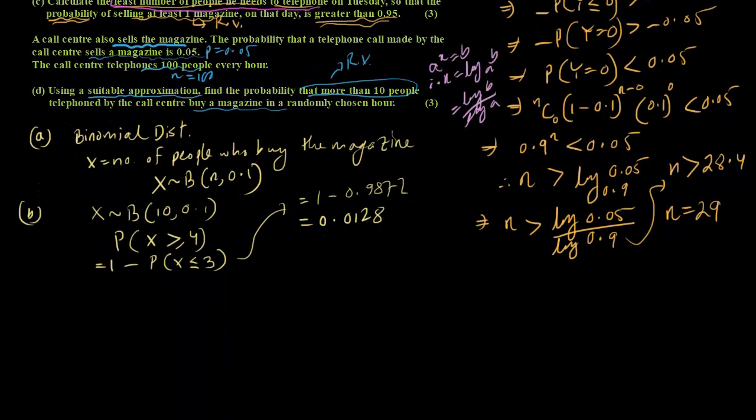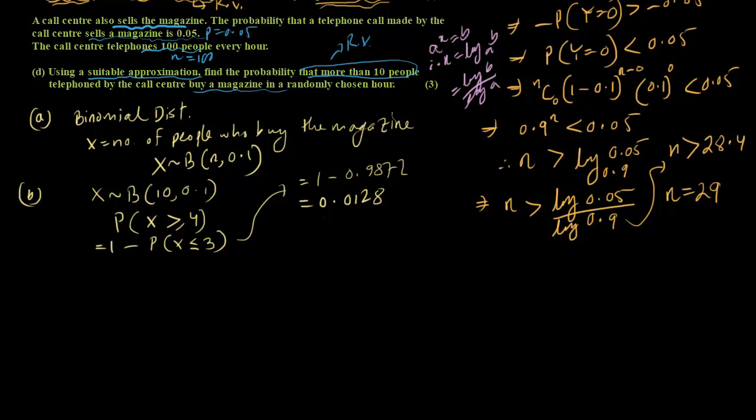So let's do this. Let A equal the number of people who buy the magazine, the number of magazines sold by the call center.